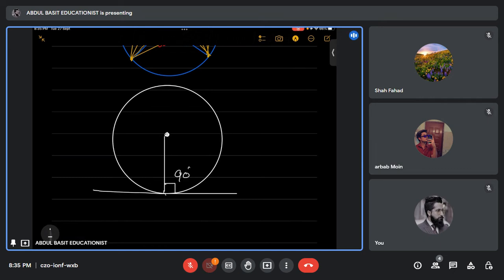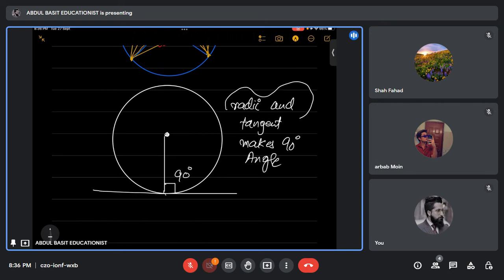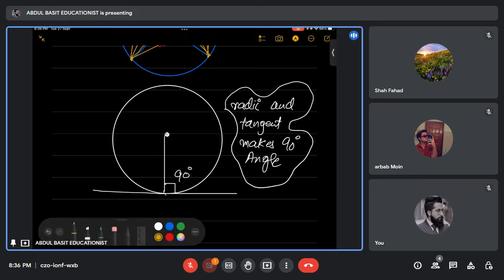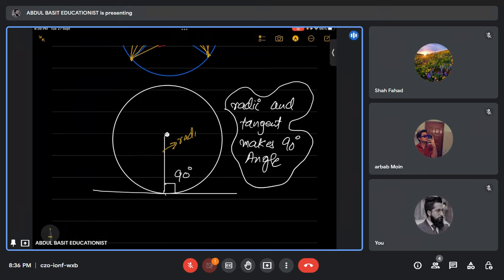So the radius and tangent make a 90-degree angle. You have to memorize this fact. We studied this already, that this line is a radius, and this line is a tangent, because it is touching the circle from outside, from one point and passing.